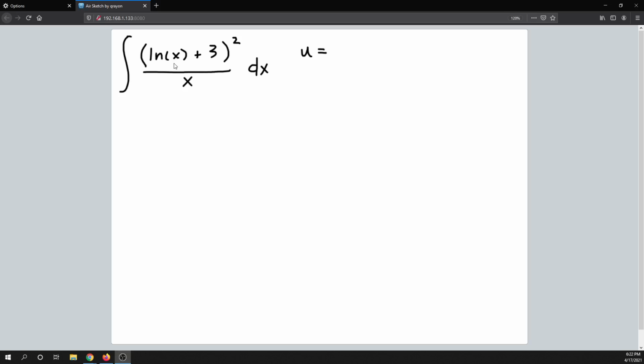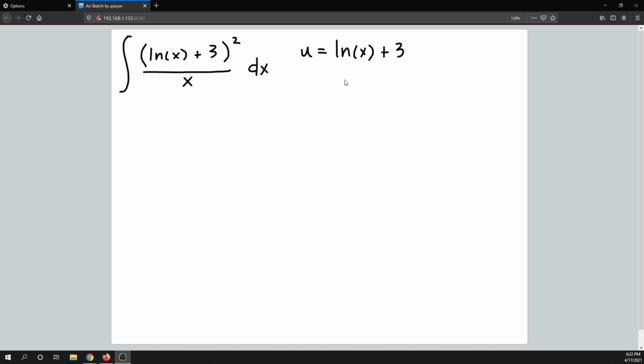Looking at that, this ln x plus 3 definitely looks like it's inside this other part of the expression. So that is probably a good choice for u. That's what we're going to go with. We set u equal to the natural log of x plus 3.